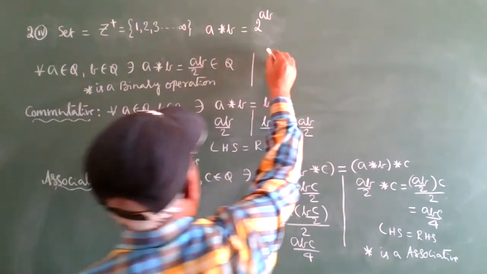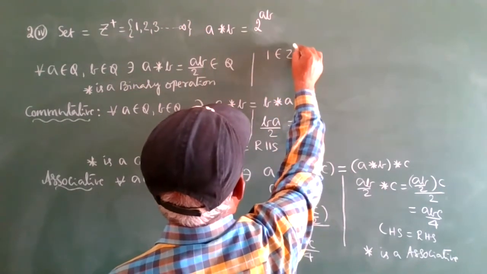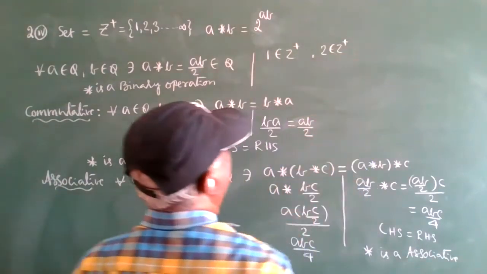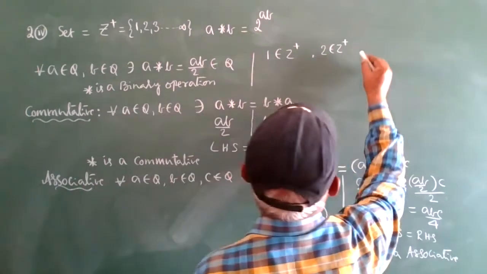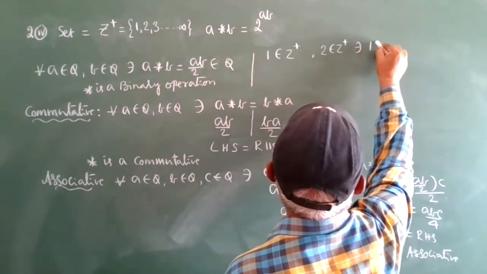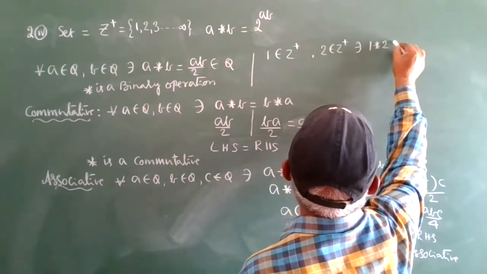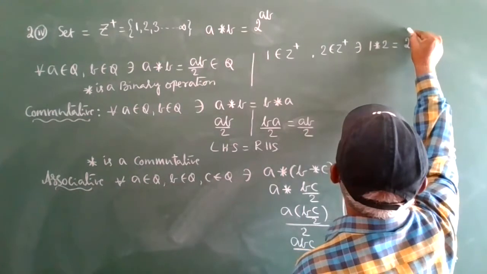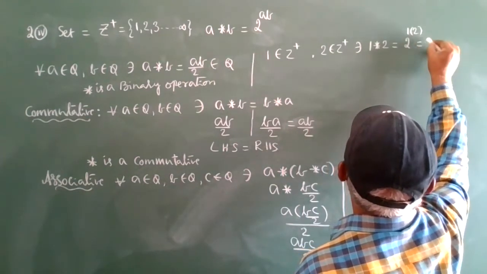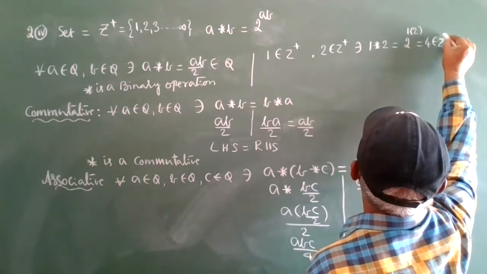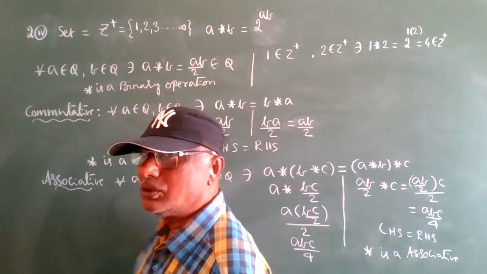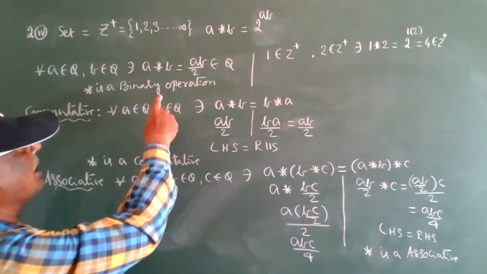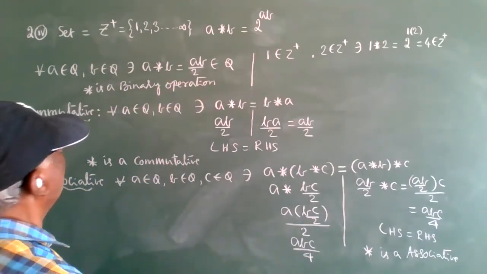So 1 belongs to Z plus and 2 belongs to Z plus, such that 1 star 2 is equal to 2 power of 1 into 2, 2 square is 4, and 4 belongs to Z plus. Any value you take belongs to Z plus only. Star is a binary operation.